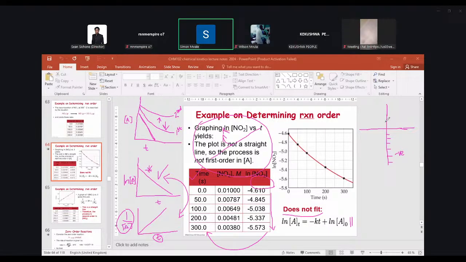These are the positive values. Now, when you look at my data that I have, my y-axis are negative values. You can see that. Are you following? Yes, sir.